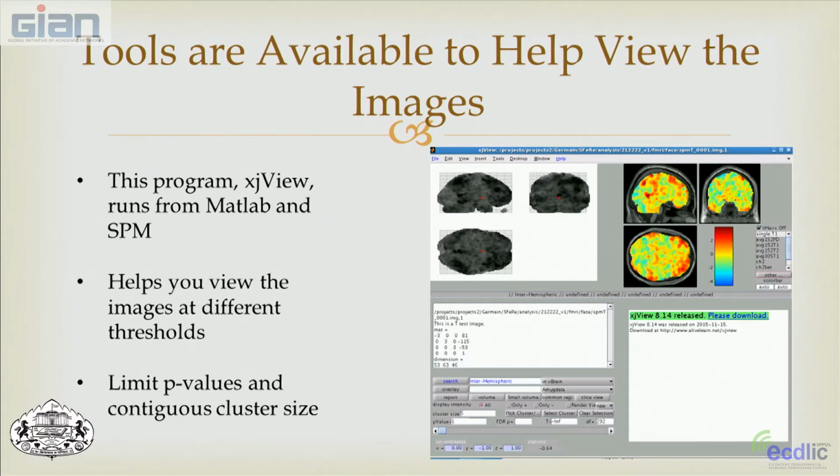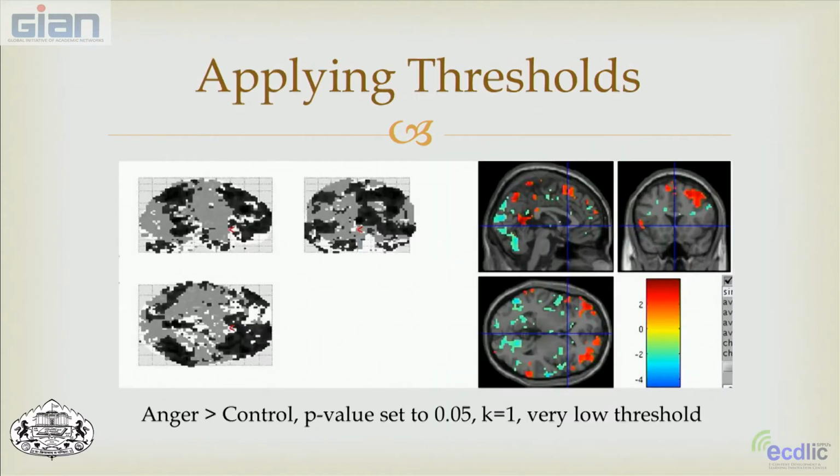So XJView will help you look at different thresholds of these images. And I don't know how well you can see this here, but the controls down at the bottom allow you to specify the p-value and the cluster size that you want to see. We're going to look at these a little bit more.